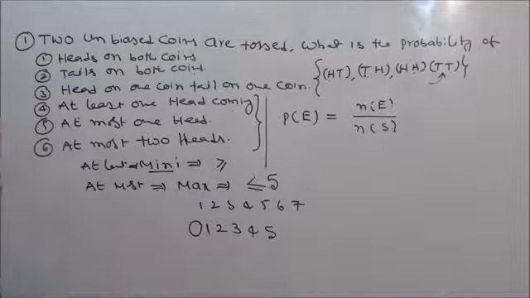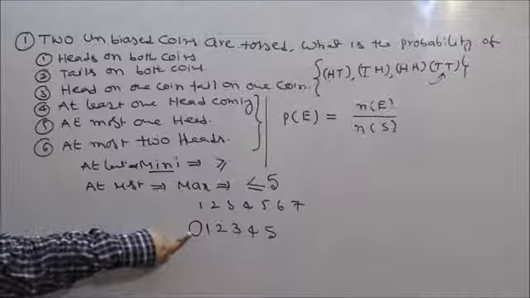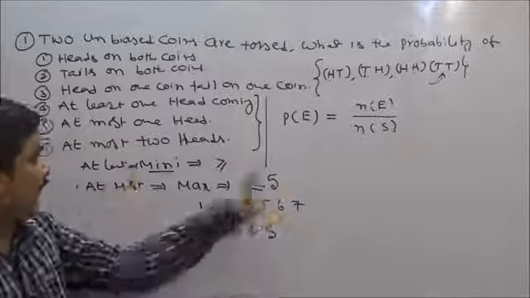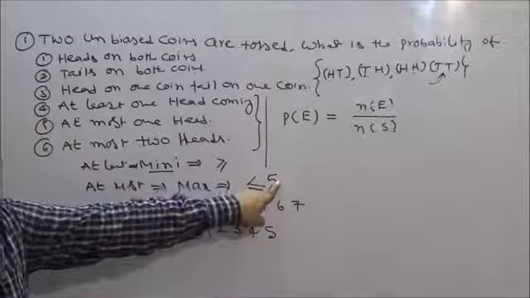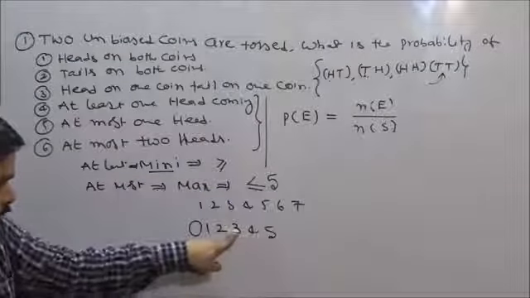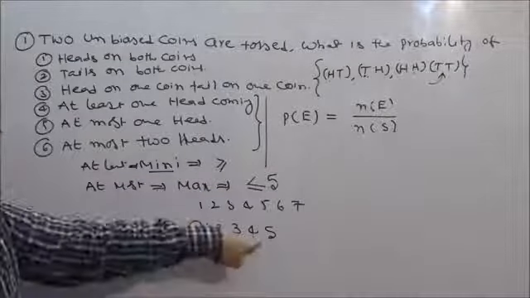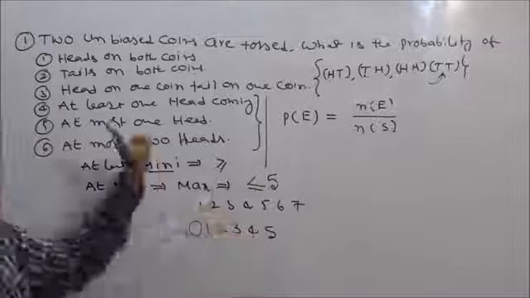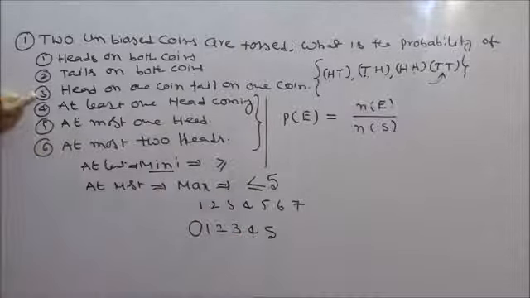Remember. Generally they use at most 5. At most 5 means 5, 4, 3, 2, 1 or 0. Got the clarity? Right. Now let us go for which question we are doing now?